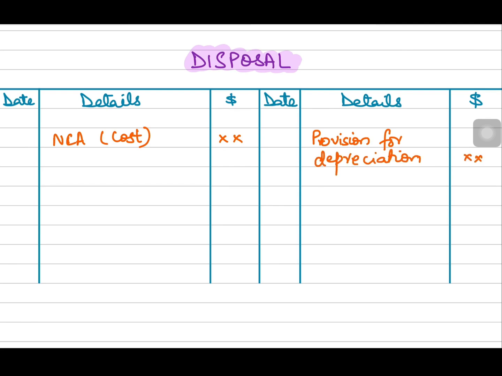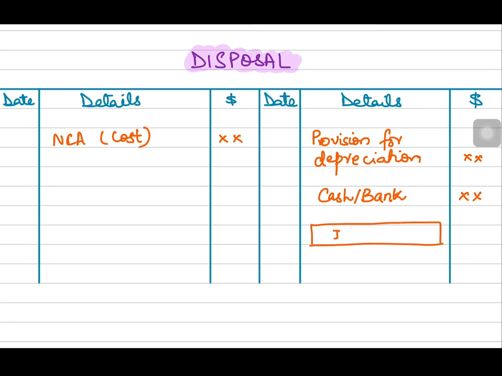Thirdly, we also record the disposal proceeds. So if it's in cash or it's in bank, that account will be debited. So cash or bank will be debited and the disposal account will now be credited. Okay. Then lastly, if there is a loss on disposal, the shortfall will be on the credit side.